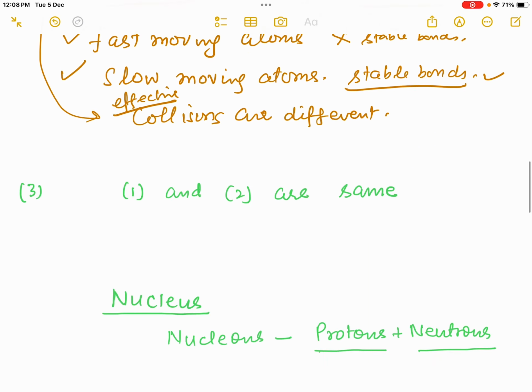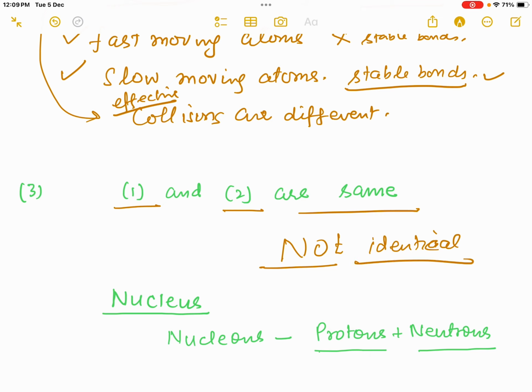Now we consider the third case. What does the third case say? If 1 and 2 are the same in all situations, in all parameters, then are the atoms identical? We again say that even then there are possibilities that the atoms are not identical. Now we see how.